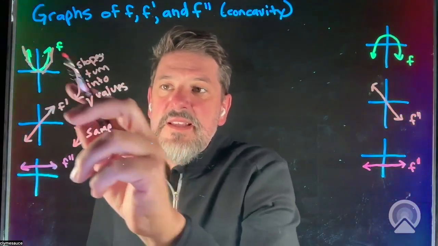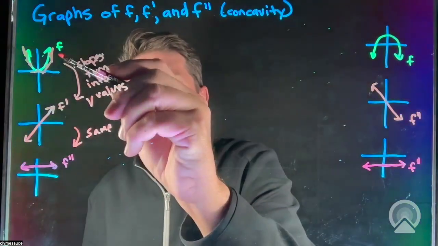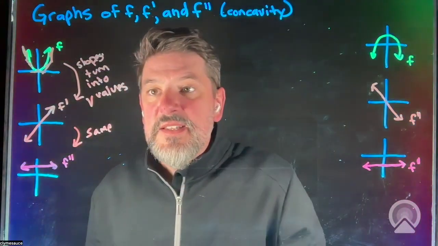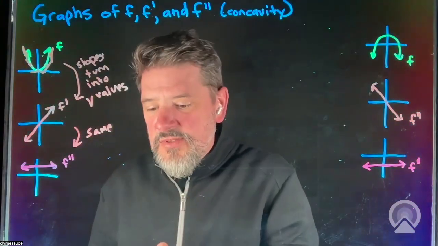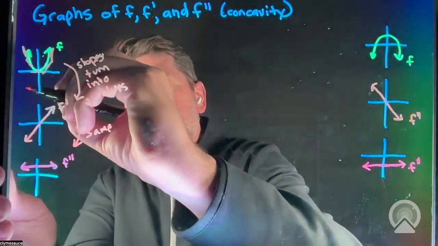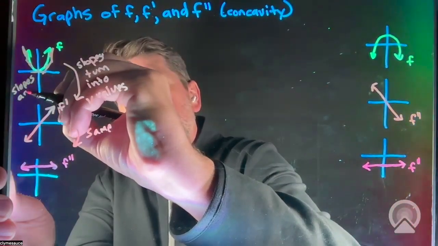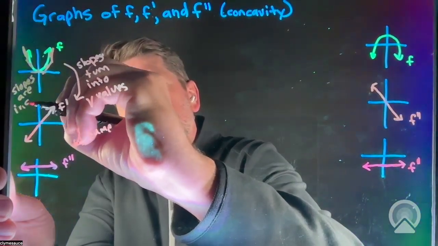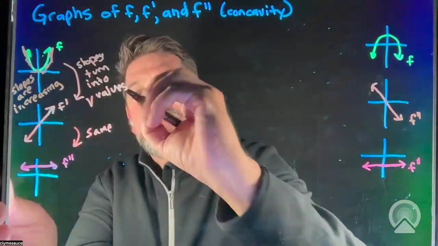So if something has a big magnitude, but it's negative, that's considered a small number. If something has a big magnitude and it's positive, that's a big number. So the slopes are continuously getting bigger. They're continuously increasing. So I'm going to write that down. Slopes are increasing. Okay, and that is true for this graph here.